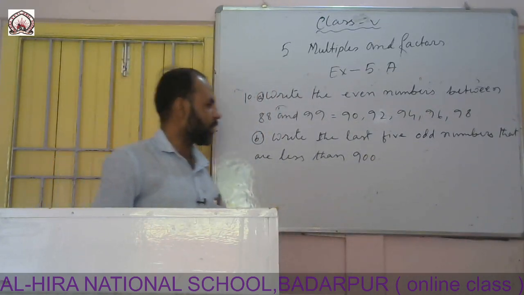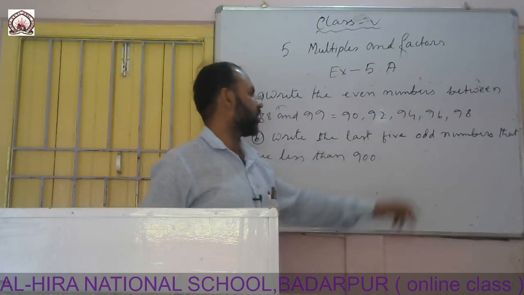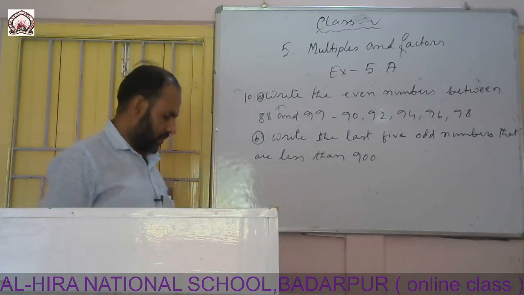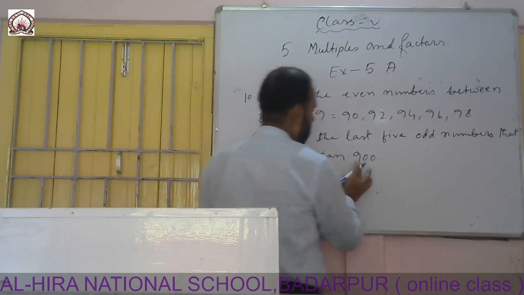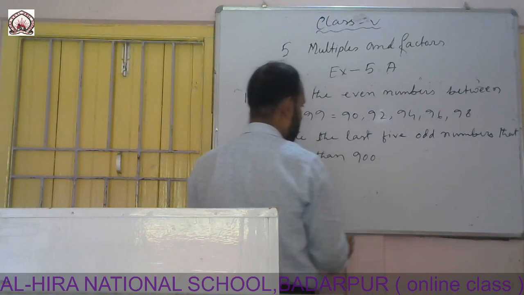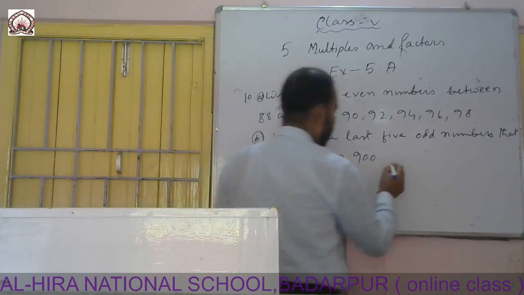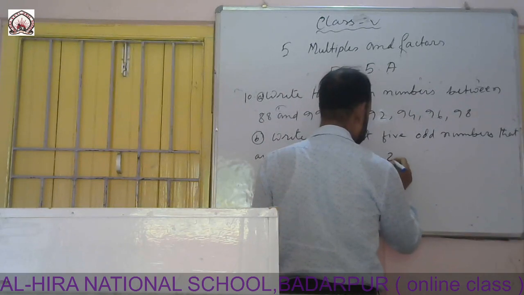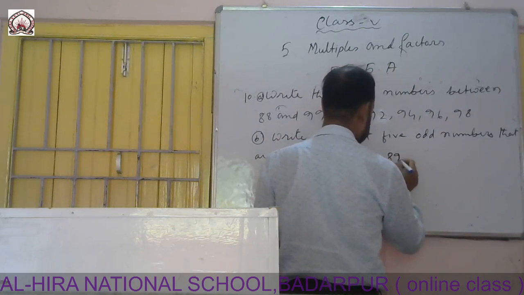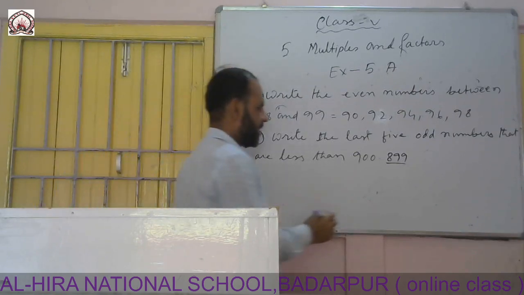Now we take out the odd numbers, here written last 5 odd numbers. So less than 900. So 900 is an even number. So before 900, what is there? 899.